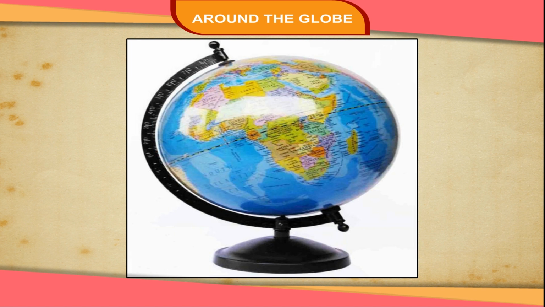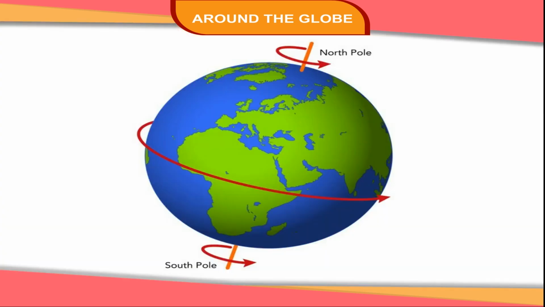The other half can be seen by rotating the globe around a rod that passes through 2 extreme points. This rod represents the Earth's axis and the extreme points represent the Earth's poles. The point at the top of the globe is called the North Pole and the point at the bottom is called the South Pole.